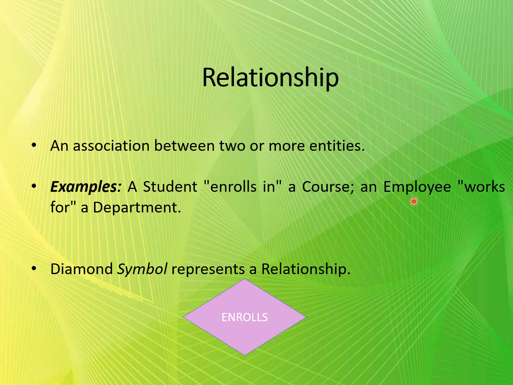Another example, employee works for a department. Here, employee and department both are the entities. Works is the relationship between employee and department entities. Diamond symbol represents the relationship. Here, enrolls is a relationship between the student and course.